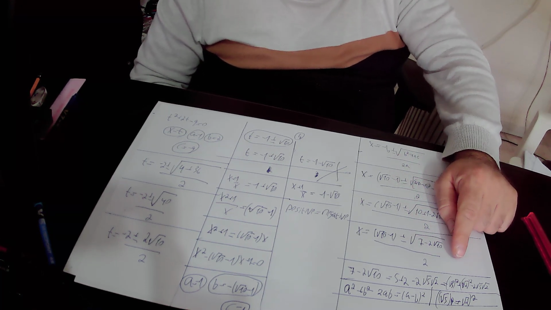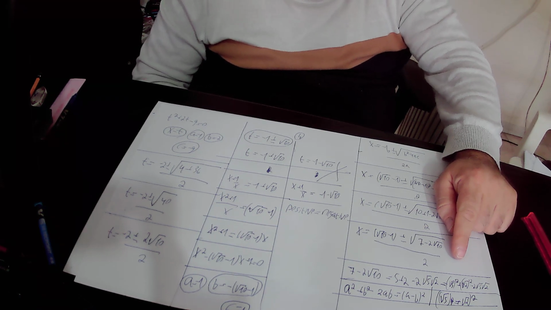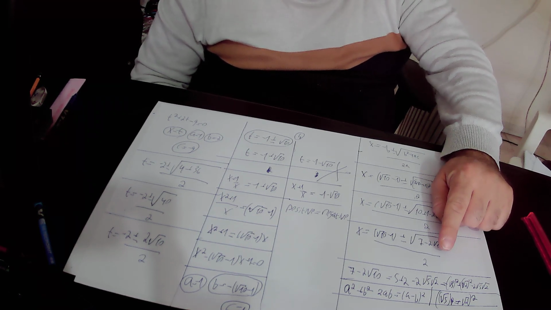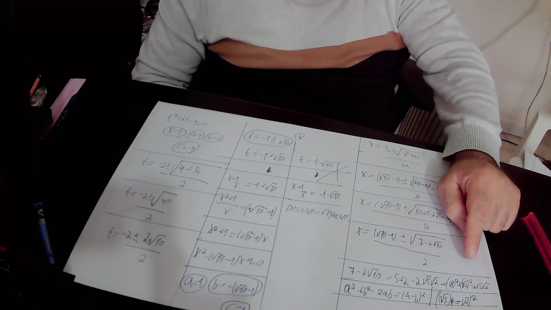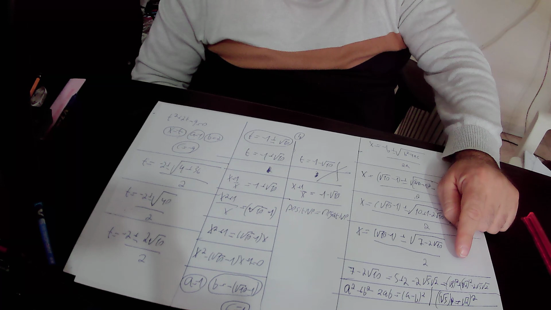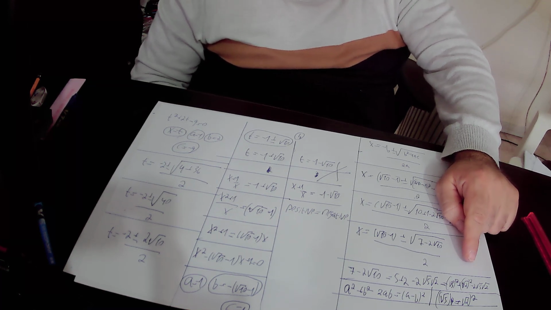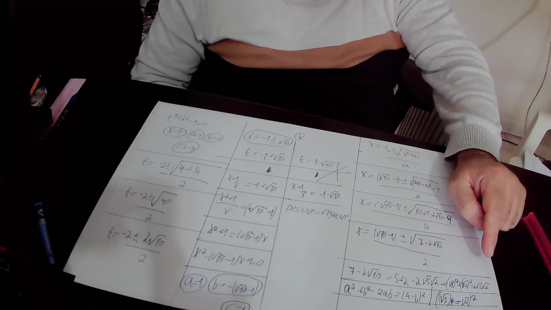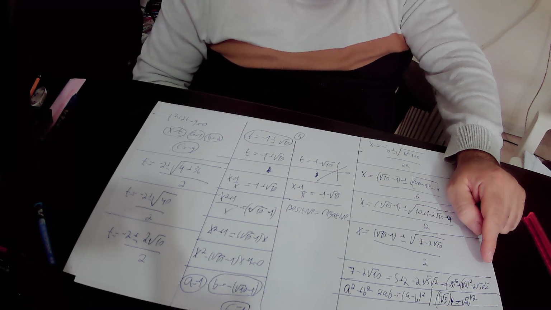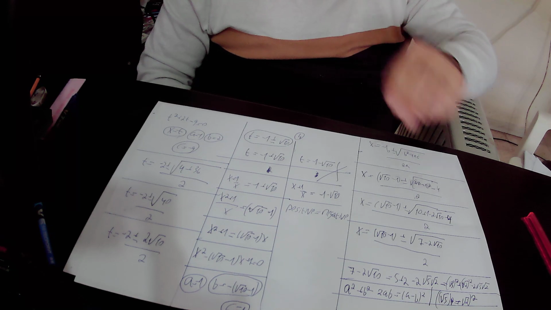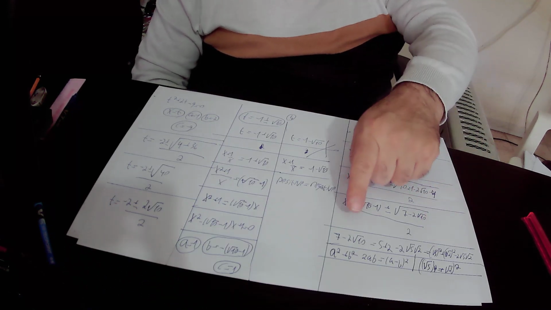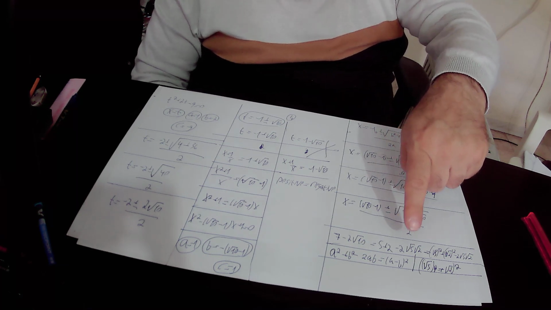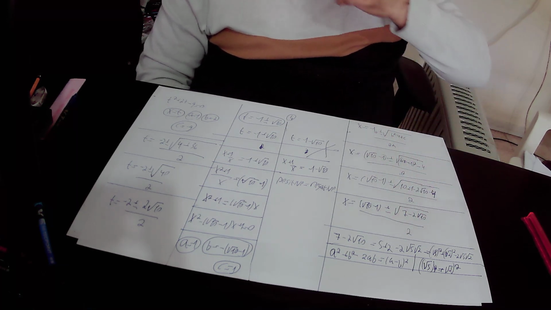Actually 5 equals square root of 5 squared, and 2 equals square root of 2 squared. So we substituted 5 by square root of 5 squared, and 2 by square root of 2 squared, minus 2 times square root of 5 times square root of 2. And here we have the algebraic identity that states that a squared plus b squared minus 2ab equals (a minus b) squared.